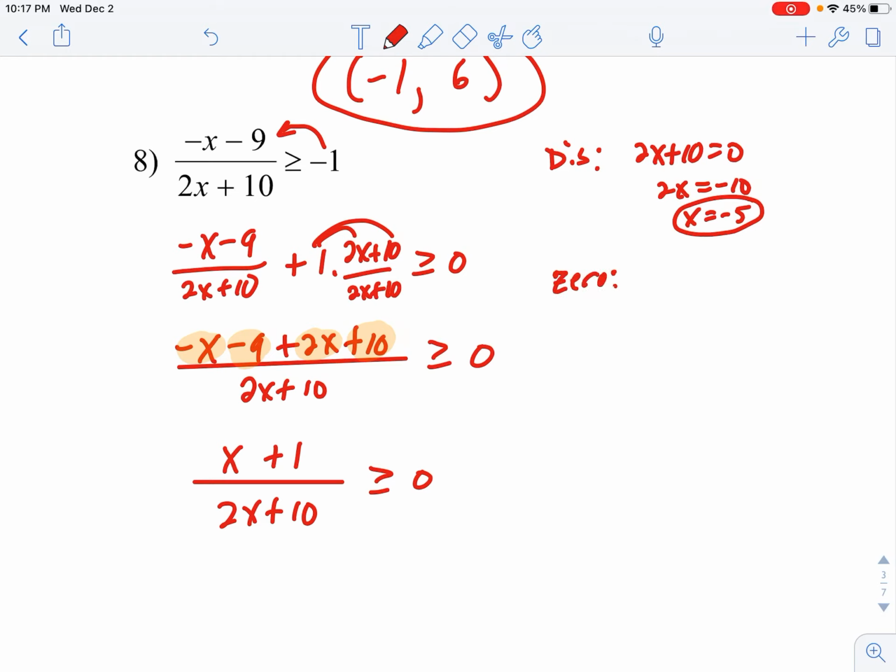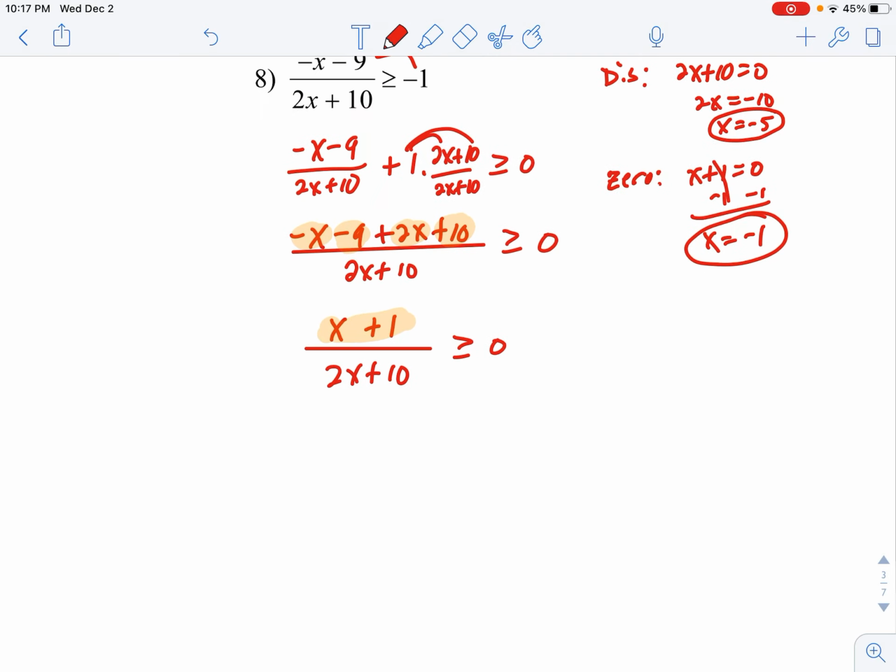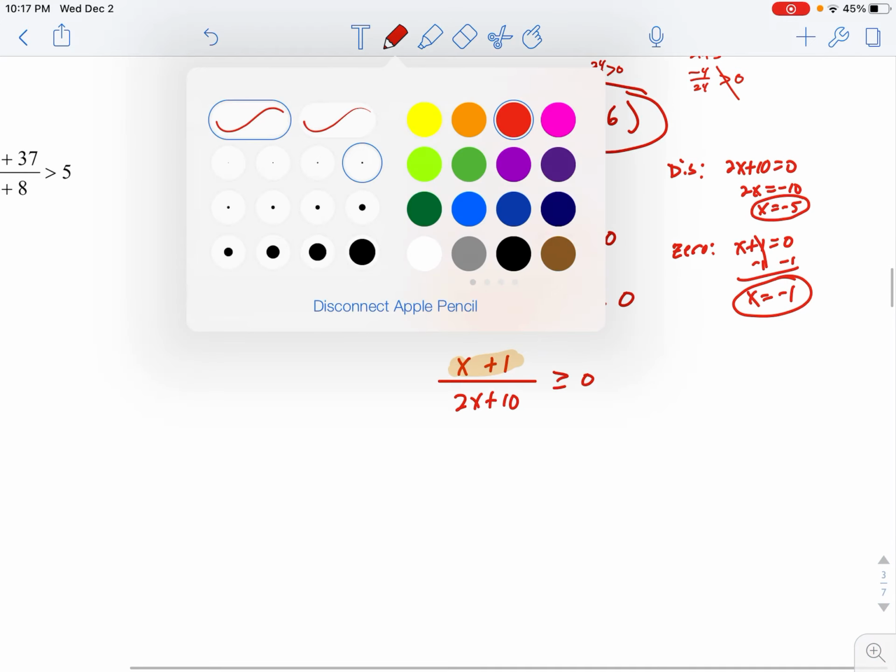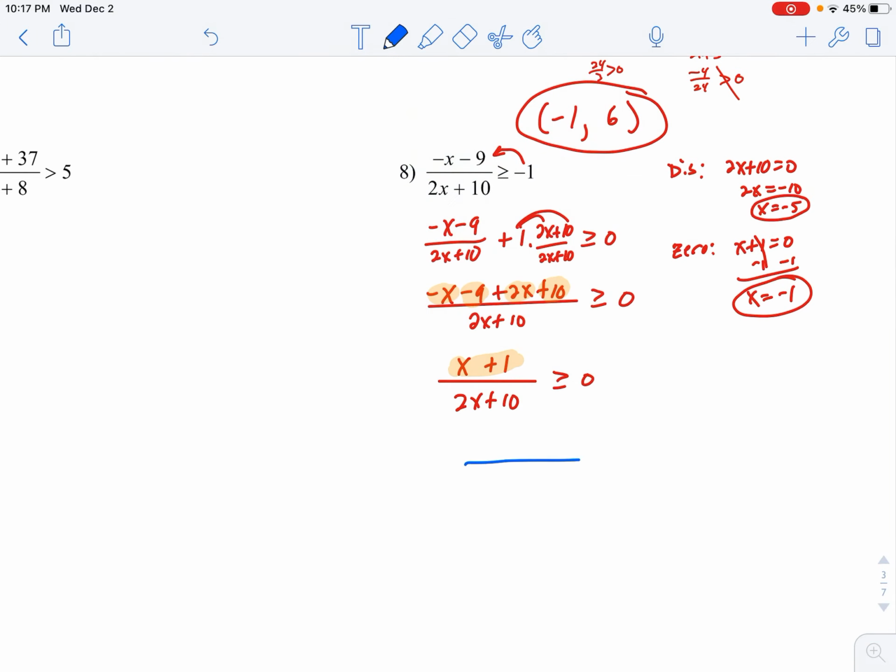To find the 0, you set the numerator equal to 0. Our numerator is x plus 1. Remember, I'm taking it from down here, not this numerator. So set that equal to 0, minus 1, x equals negative 1. That's my other critical number. Now I need to do my number line diagram.